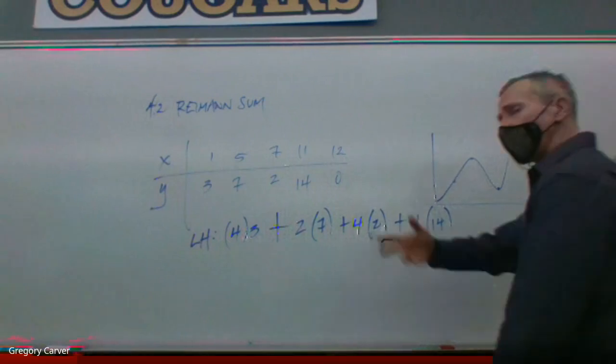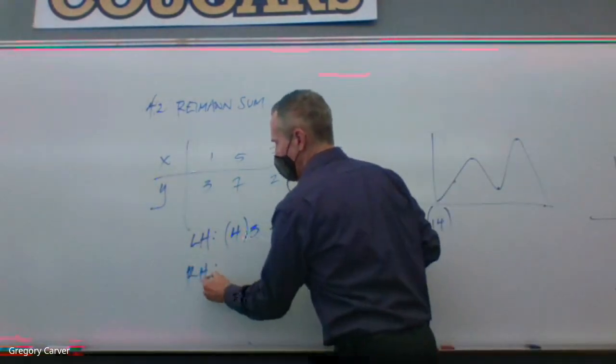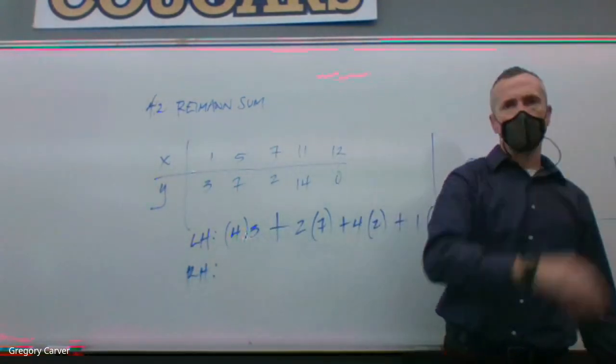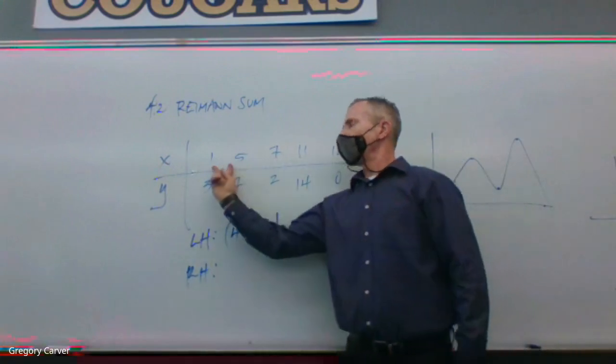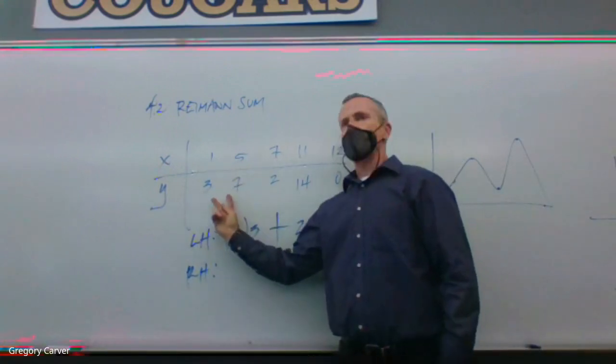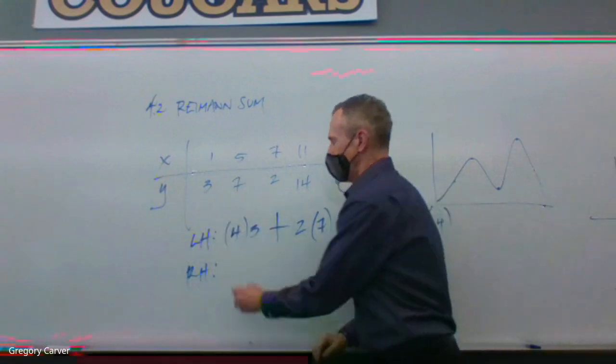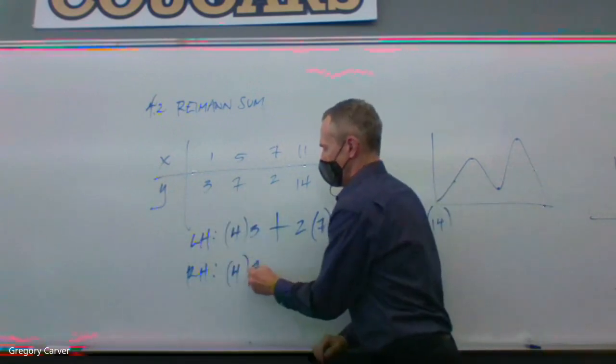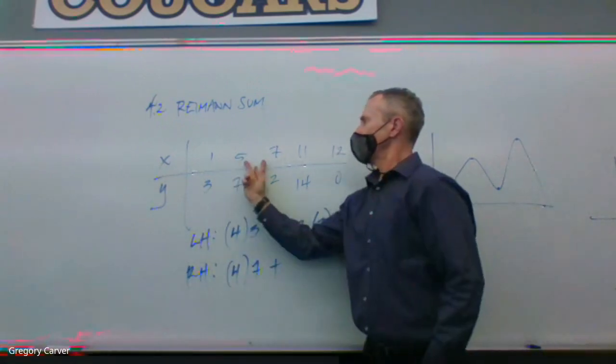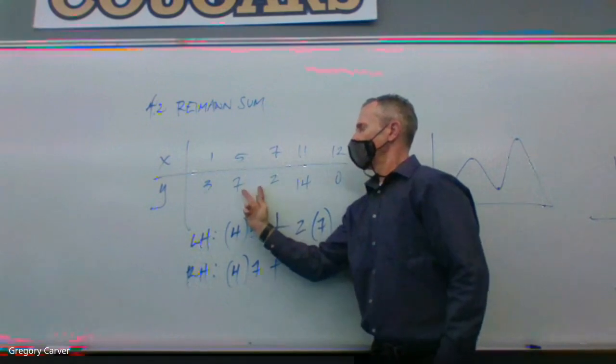Right? Okay. Let's do a right-hand sum just to make sure that we're good. Right-hand sum, similarly easy. One interval at a time. The first one is 4 wide times 7 tall. It's literally the right-hand number as you go, right? So this is 4 times 7 plus 2 times 2.